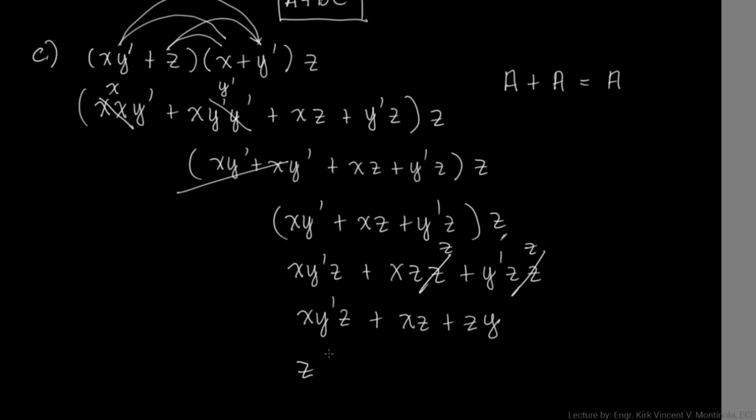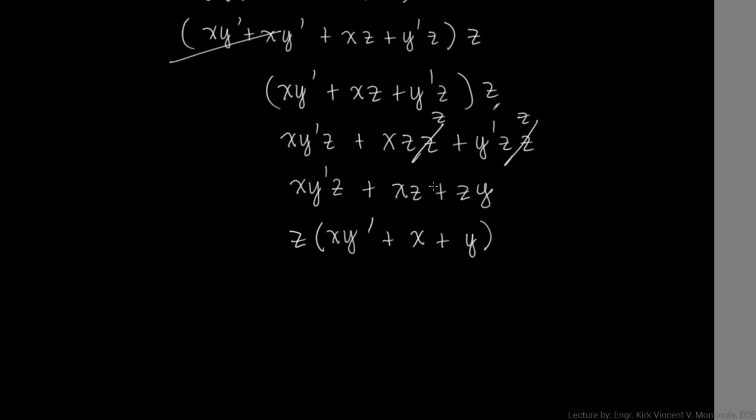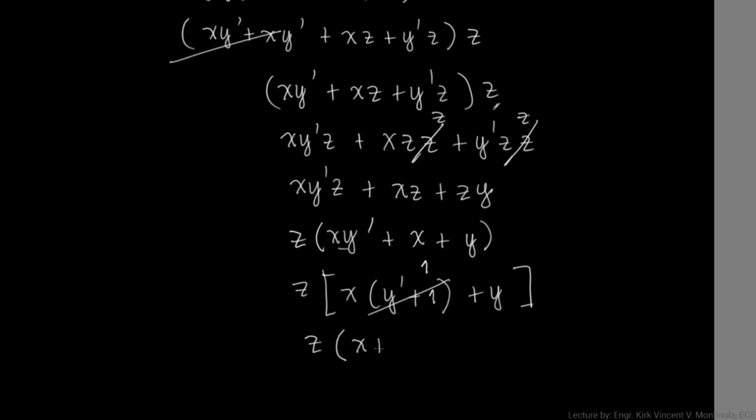That is Z. That is XY prime and wala na say plus X tapos plus Y. Right? So again, we can factor out here the X. So say that is factor out ang X, then Y prime plus 1, then plus Y. We know this is always 1, right? And so our equation can be simplified as Z plus X plus Y.